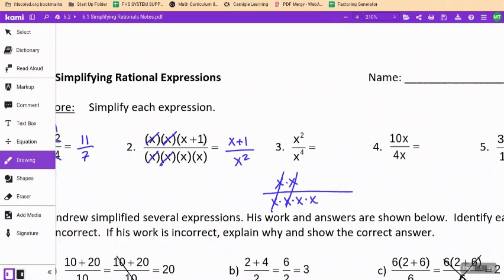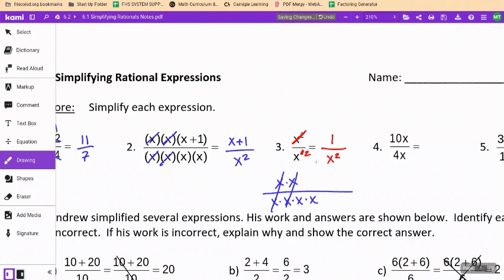Another way I can do that is I notice that I have x to the second power, x to the fourth power. Well, all the x's up top will cancel out with 2 of the x's on the bottom. And so again, my simplified answer is 1 over x squared.